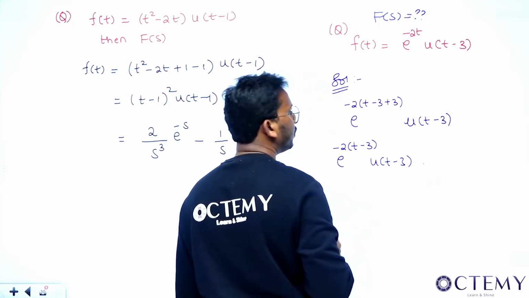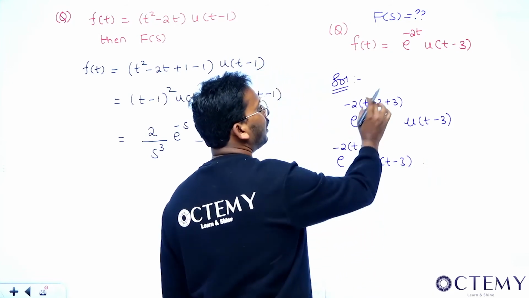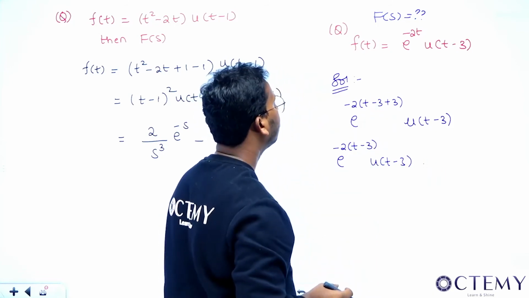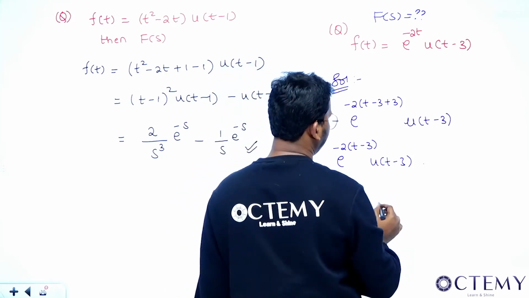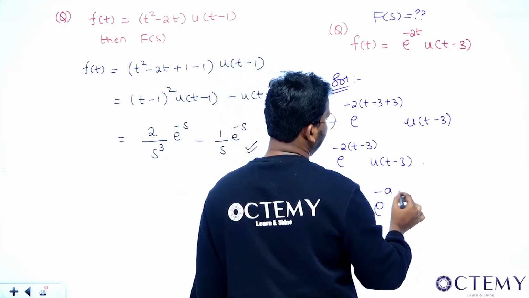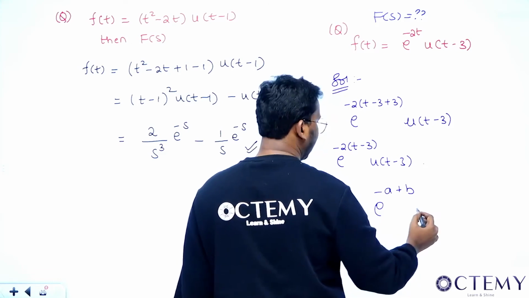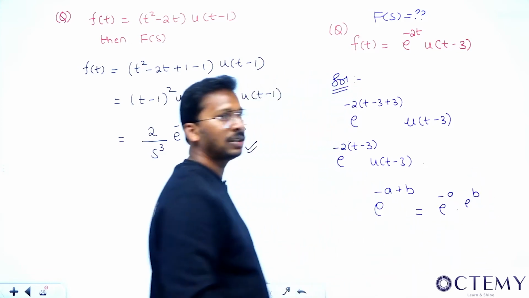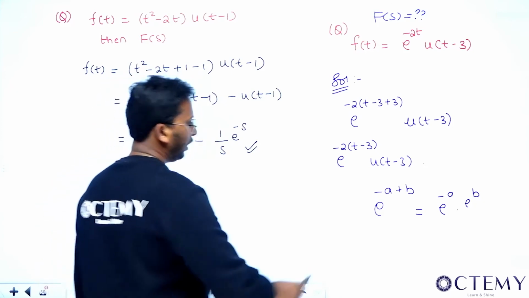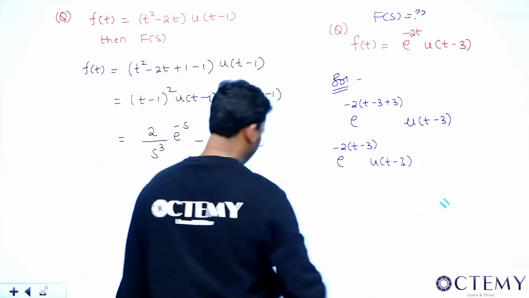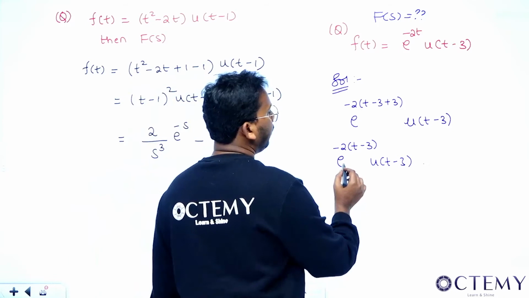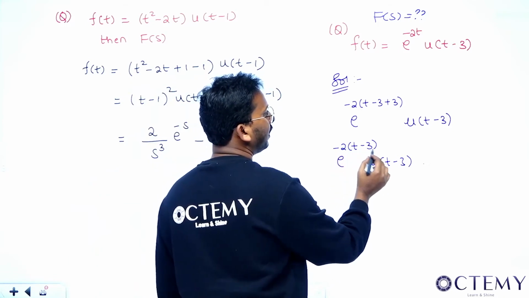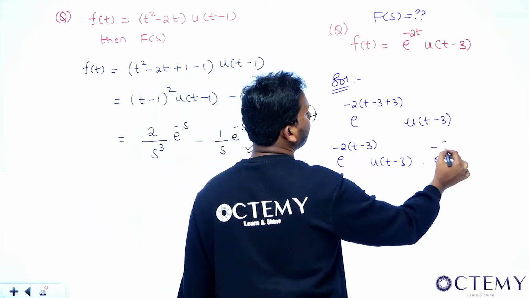We can use the property that e power minus (a plus b) can be written as e power minus a into e power minus b. So using the same property, I can write this as e power minus 2 into (t minus 3) into e power minus 6.